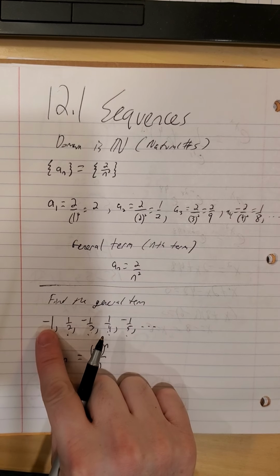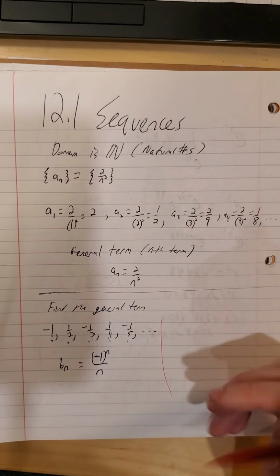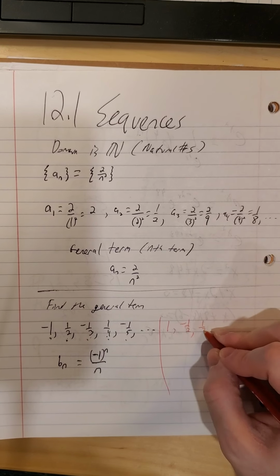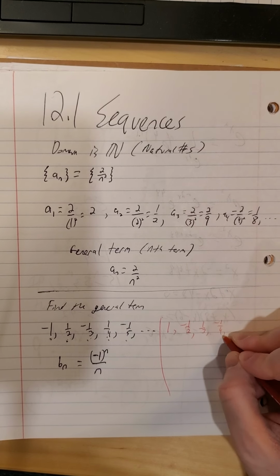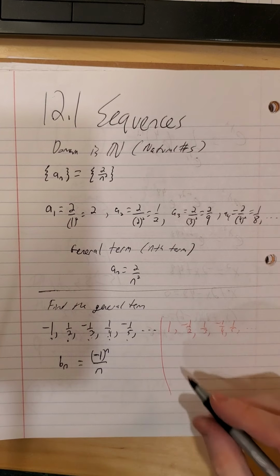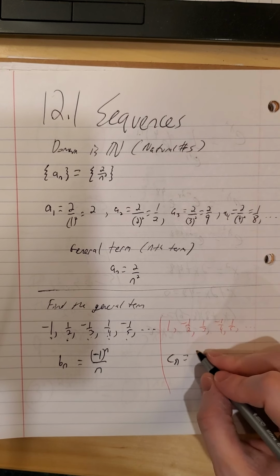If we were looking at them, I'll just write it up real quick. If we had instead of that, a -1/2, positive 1/3, -1/4, positive 1/5, and so on forever, we'll call that c sub n.